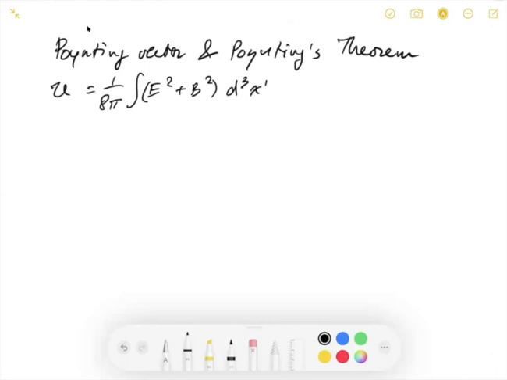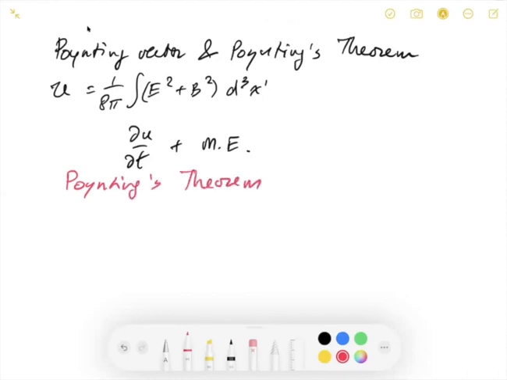Then we used du/dt plus Maxwell's equations to arrive at this expression, also known as Poynting's theorem, which says that the divergence of the Poynting vector plus the current density dotted with the E field is minus du/dt.